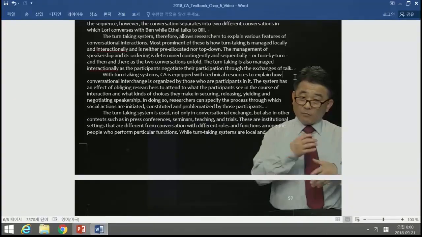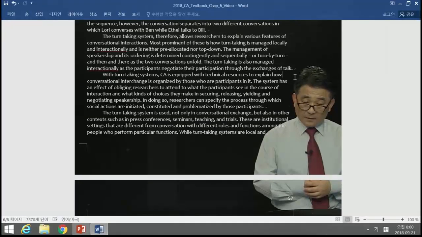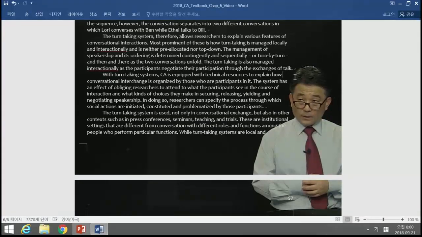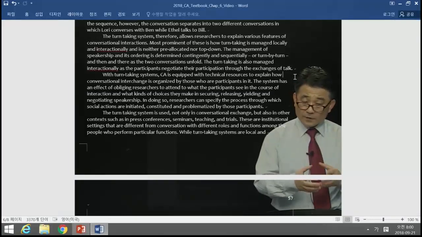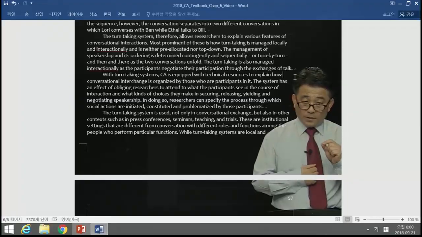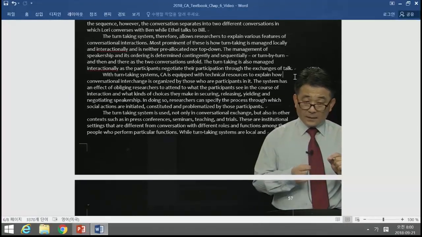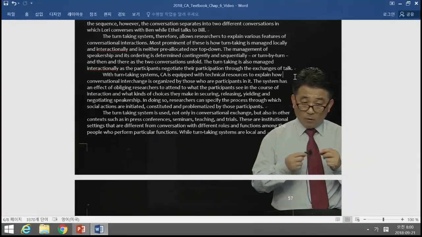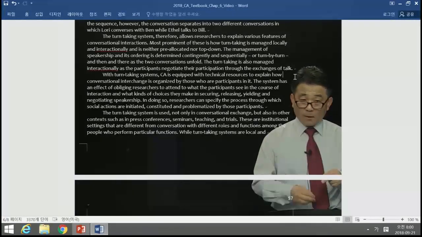If there are a lot of overlaps, then we would say there must be some conflict between these two people, because normally one person speaks at a time, and if there is an overlap, one person typically opts out.